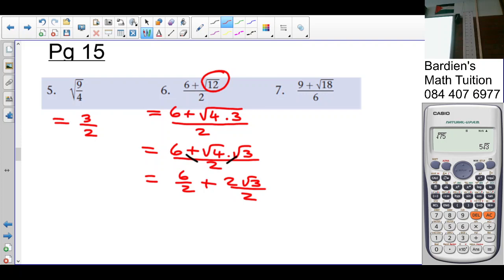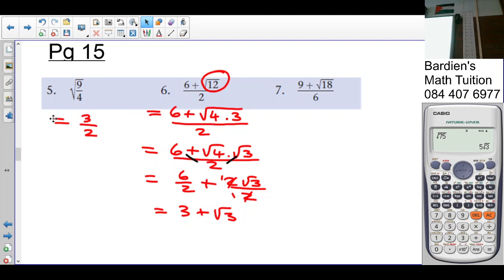Okay? So what's 6 over 2? 3 plus 2 going into 2 once, 2 going into 2 once, root 3. Okay? You all okay with that?